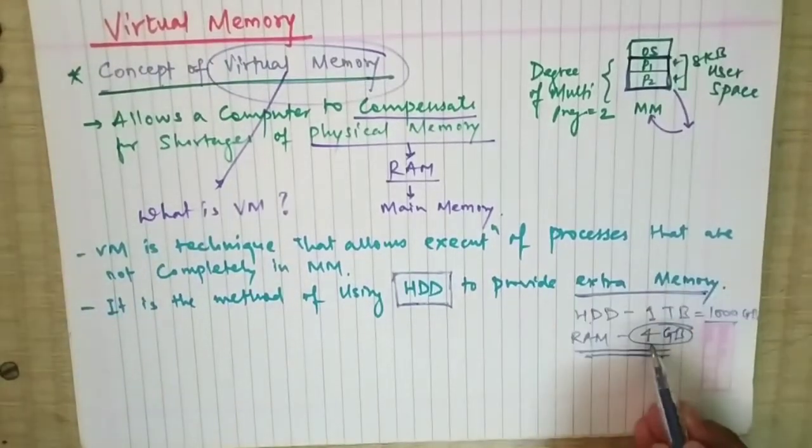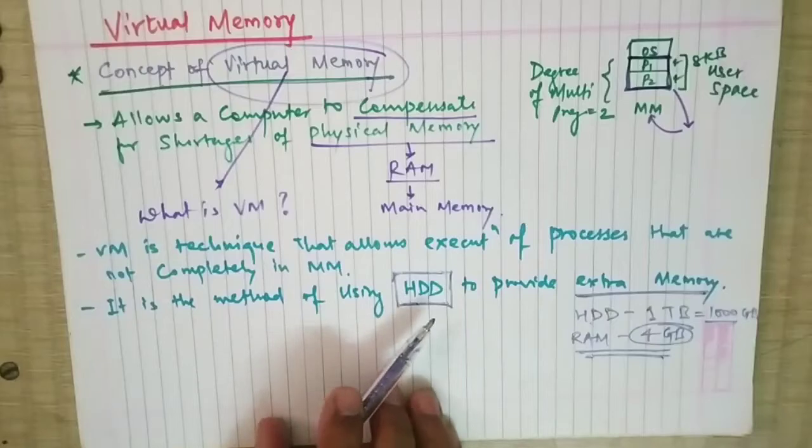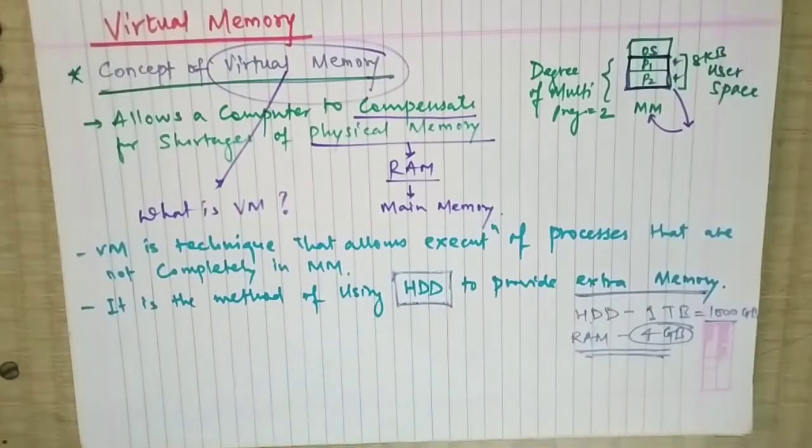Some amount of memory will be added to this 4 GB, so that our programs will run very smoothly. It is an illusion that a computer system has more memory than it actually has.